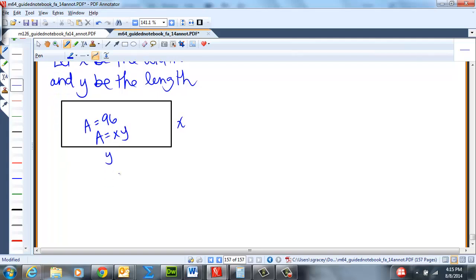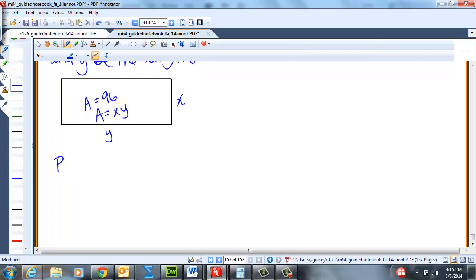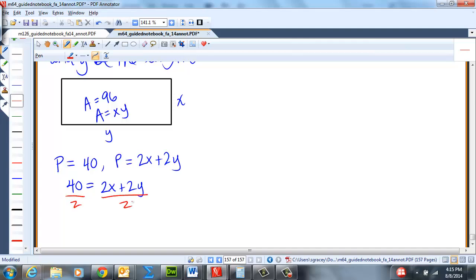We were given information that the perimeter was 40, and we know perimeter is 2x plus 2y. So we've been given that 40 is 2x plus 2y. And I can simplify that a little, can't I? If I divide both sides of the equation by 2, I'll get 20 is x plus y.